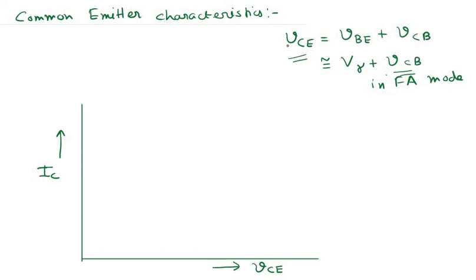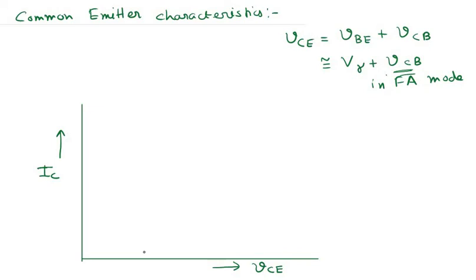So for sufficiently high values of VCE, VCB is actually positive, which means that the collector to base junction is reverse biased. If the collector to base junction is reverse biased, this means that the transistor is operating in the forward active mode, provided that the base to emitter junction is in a conducting state.